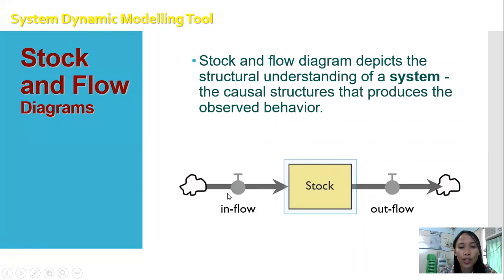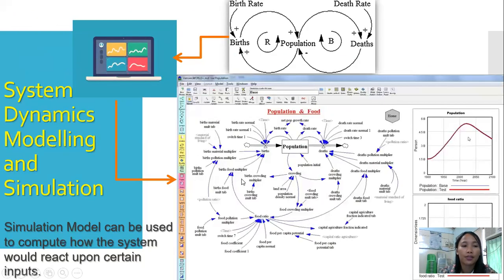Through this, we could simulate the behavior of our system over time if there will be changes that will occur, and we could develop policies. We can become ready for any scenario that may happen in the future. So system dynamics modeling and simulation can be used to compute how a system would react upon certain inputs. So it's an iterative process. We can do trial and error here.